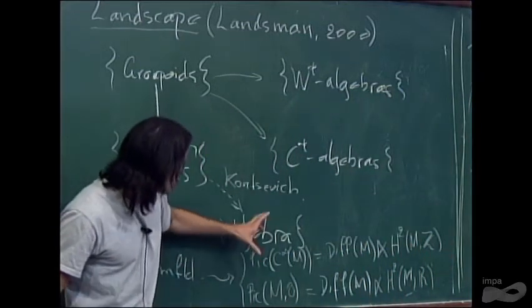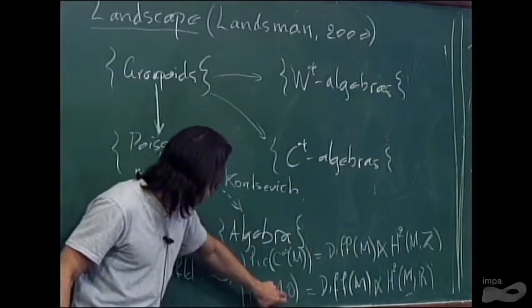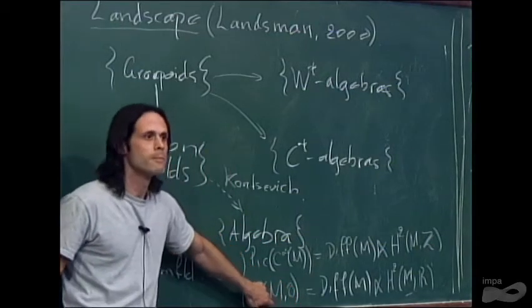You can in some way see this as a trivial quantization of this zero Poisson structure on M.